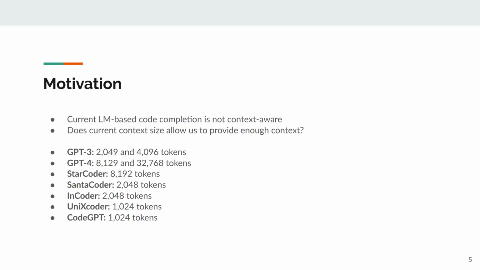So we have GPT-4 with 32,000 tokens. And you may think that this is very high and that we can provide a lot of context to this model so that it is able to give us suggestions that really take into account what we have done in our own project so far. But when you look at this in practice, this may not be the case.